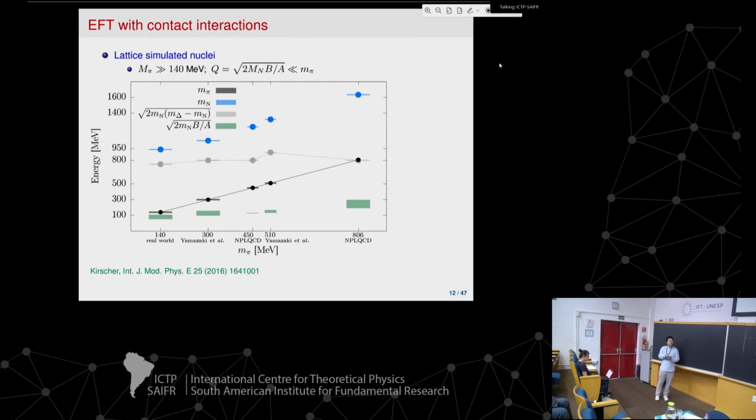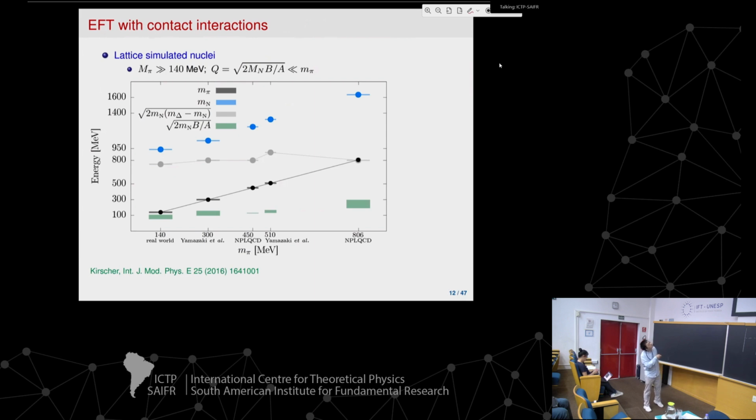So under a finite lattice spacing, the pion mass is not the physical pion mass of 140 MeV. It's actually larger. In those calculations, the pion mass extracted from lattice QCD can range from 300 MeV all the way to 500 MeV.